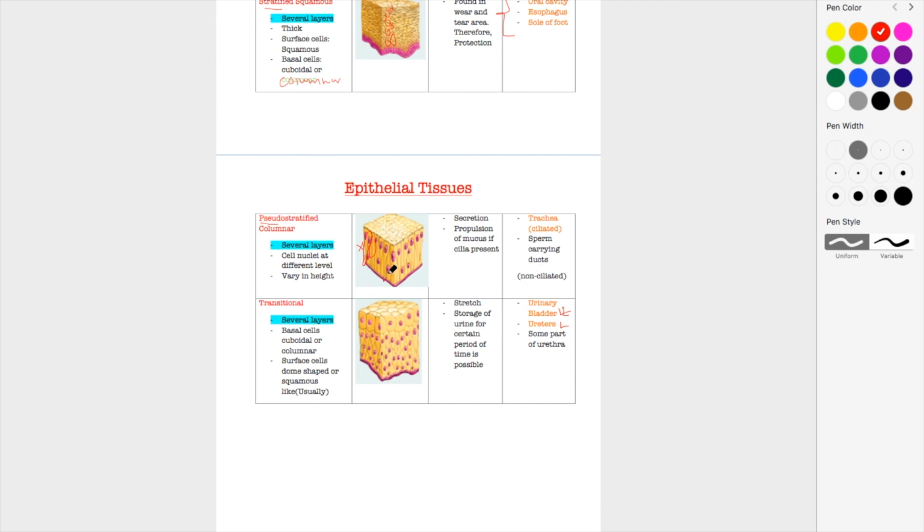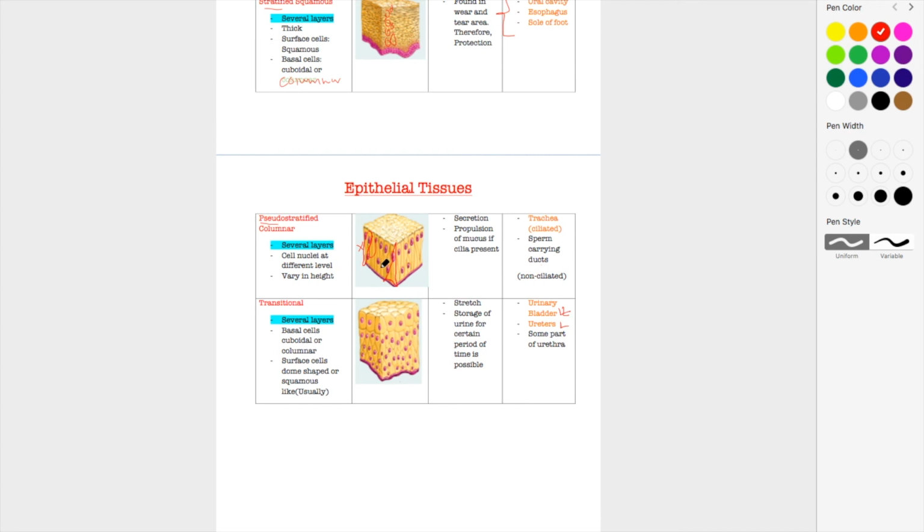They do not run all the way to the top. That's the false impression. Several layers can be seen here, but they give a false impression like that. That's why it's called pseudostratified columnar epithelium.